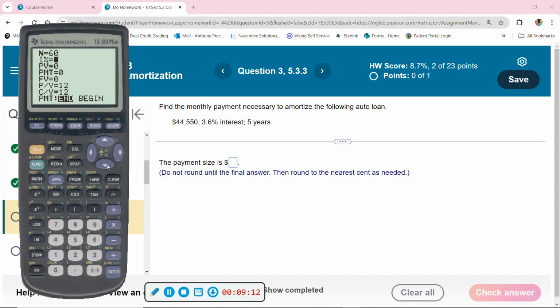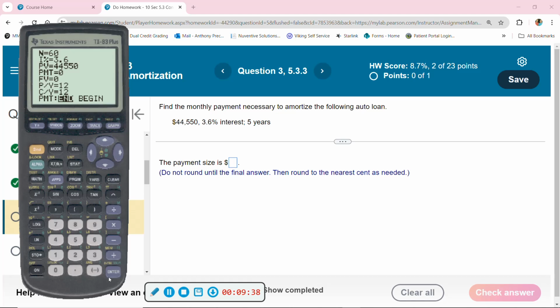The interest rate is 3.6. The present value, they're buying a little bit fancier car, $44,550. Future value is going to be 0 because after the 5 years, you better have it paid off.